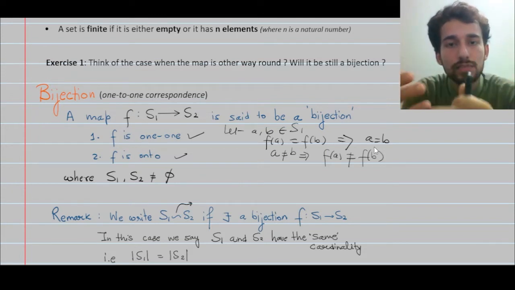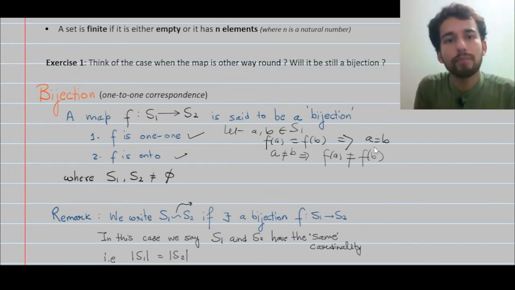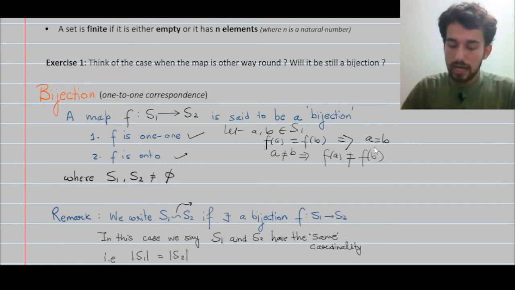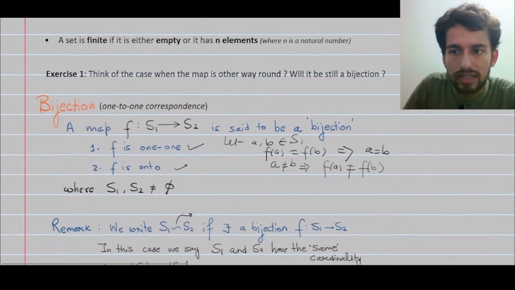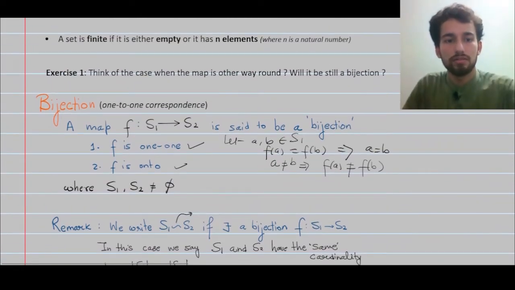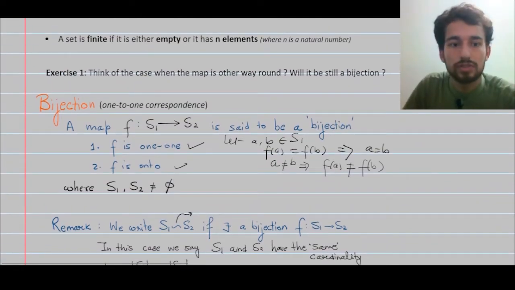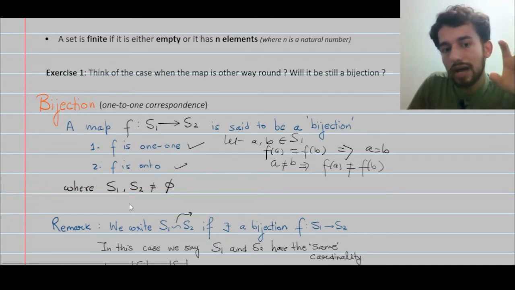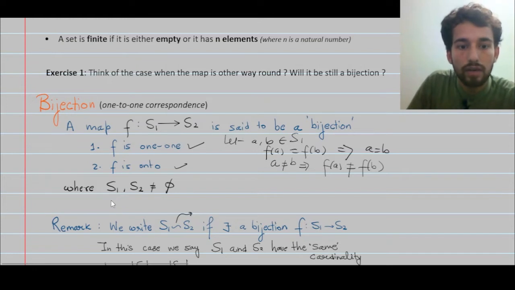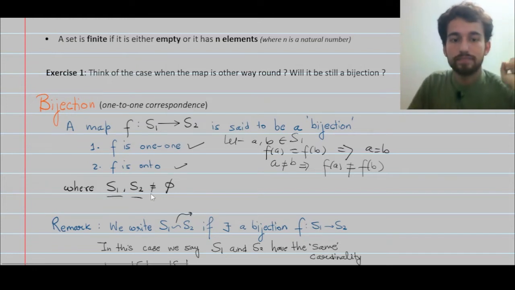That is, every element of the codomain has at least one pre-image in the domain. In that case, f is said to be onto. These notions are very fundamental. We have often studied them when we studied the concept of functions. Okay, and of course, whenever I'm choosing such a map, both the sets have to be non-empty.